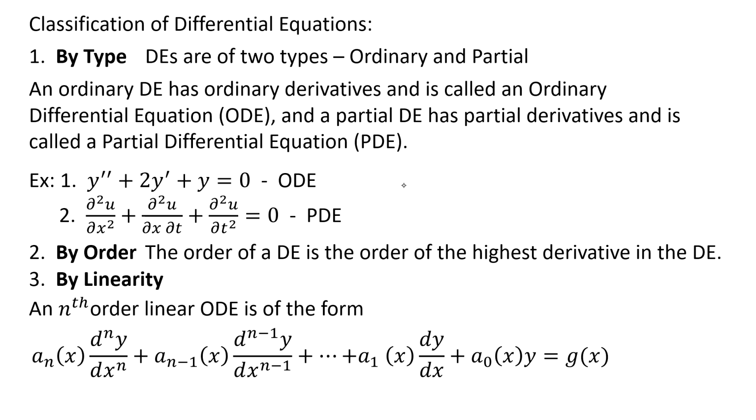In addition, every derivative must be multiplied by purely a function of x. Can you remember that? Every derivative must be multiplied by a function of x alone. Can you think of some function of x? Is x squared plus 3 a function of x? Yep. So could the coefficient of d to the ny dx to the n be x squared plus 3?